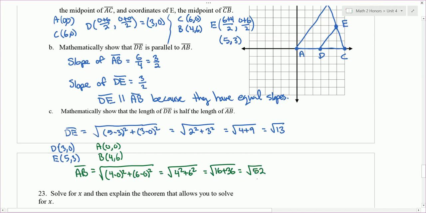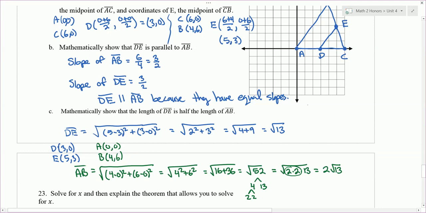If you break 52 down, 52 is 4 times 13. 4 is 2 times 2. And so this is the square root of 2 times 2 times 13. I can take the square root of 2 times 2, because when you multiply the same number with itself, you get a perfect square. Square root of 4 is 2, so this is 2 square root 13.